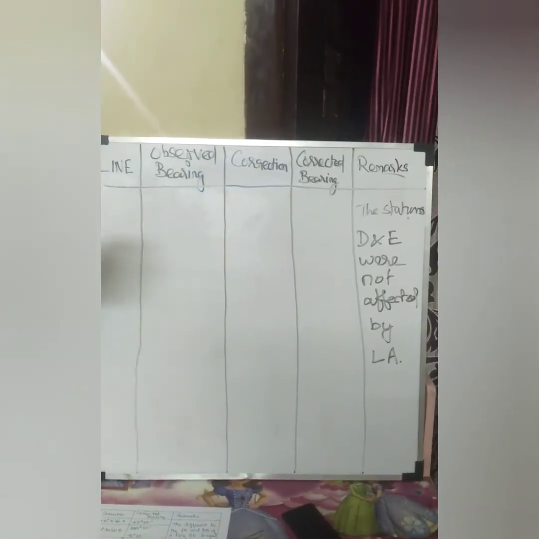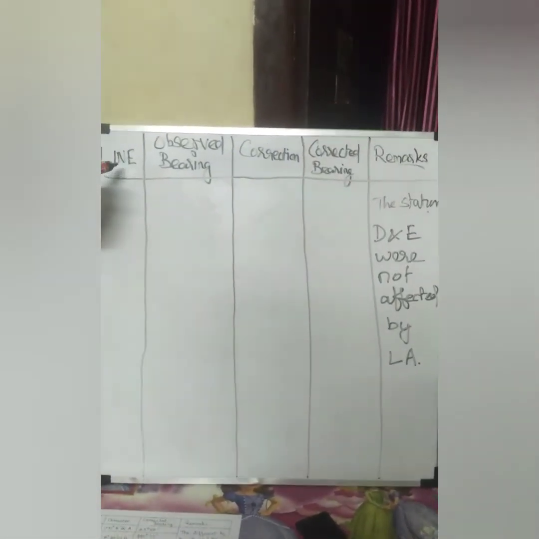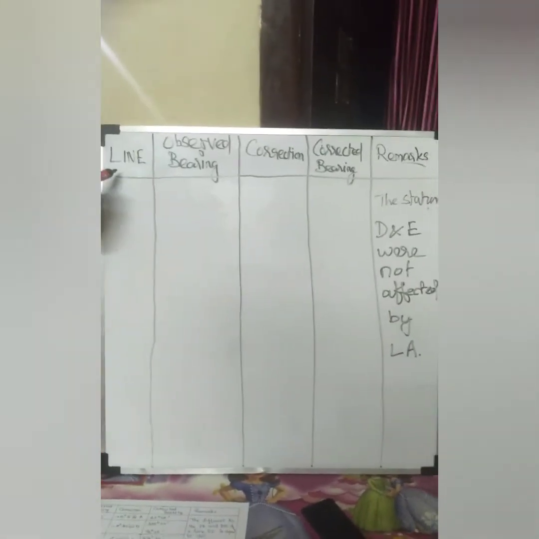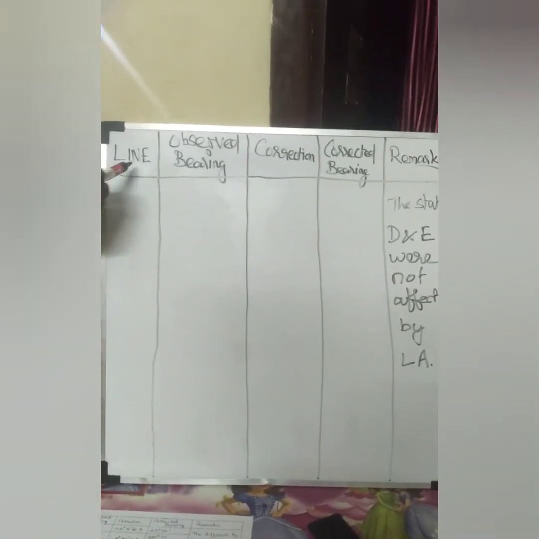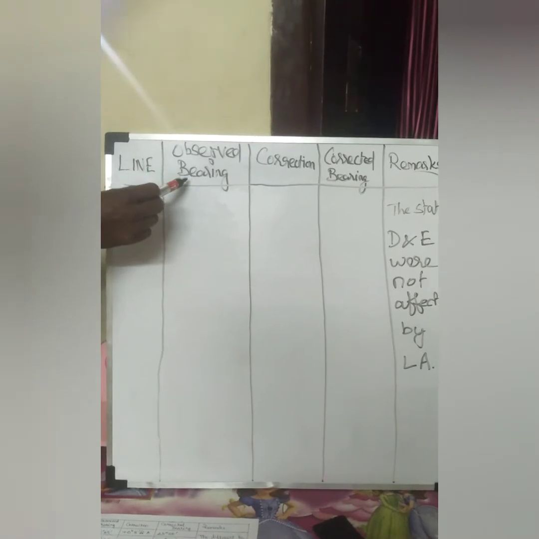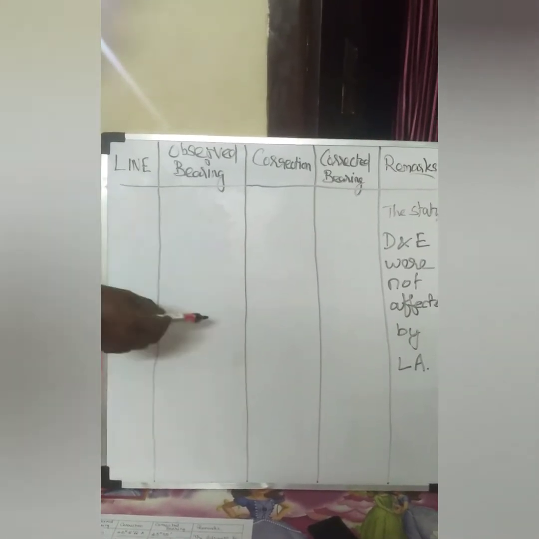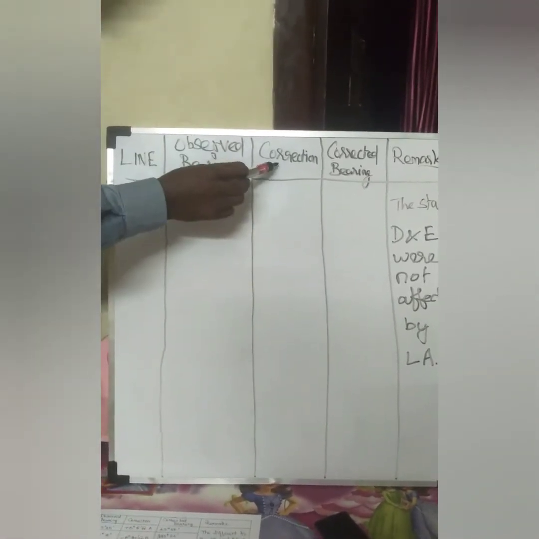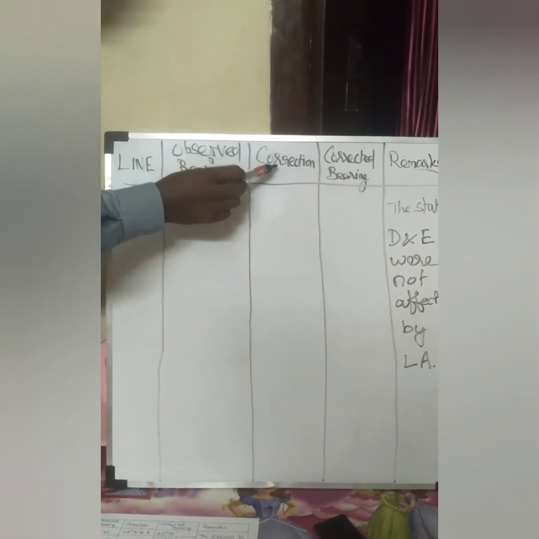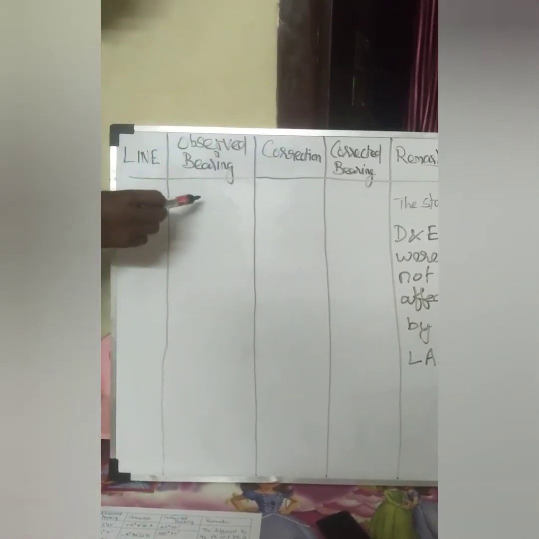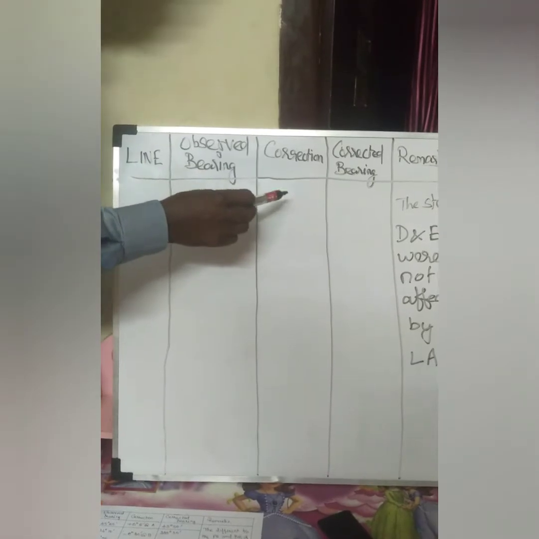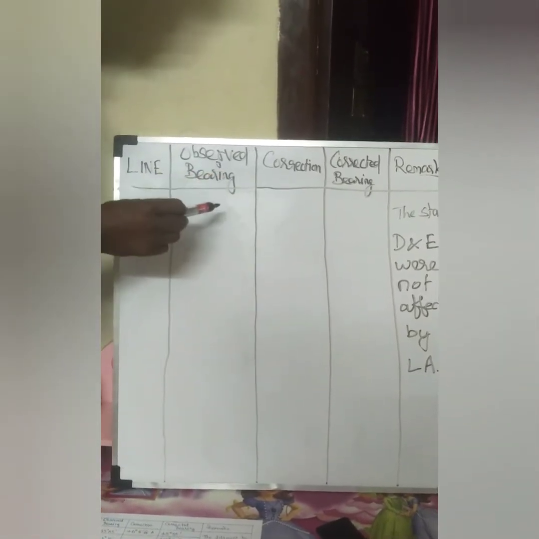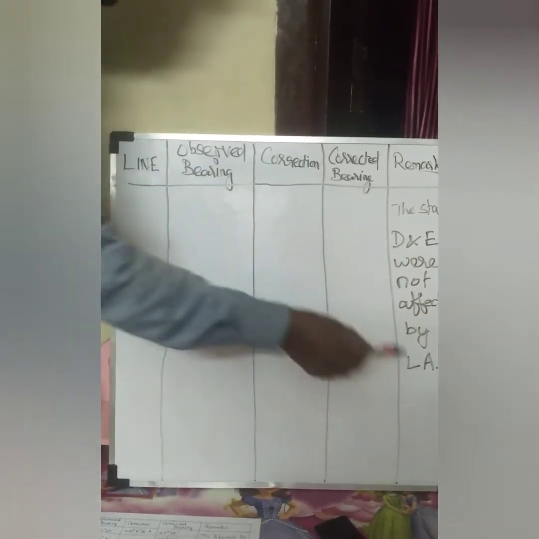Okay. First we can form the table. First column, line, the observed line. Second column, observed bearing. It may be forebearing or back bearing. Next, how much error will occur by local attraction.